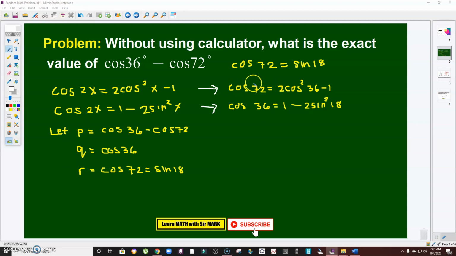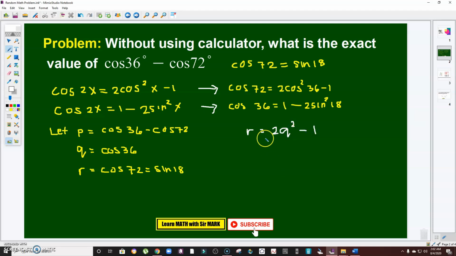Note that cosine 36 we let as q, and cosine 72 is r. So I can rewrite the first equation as r equals 2q squared minus 1.